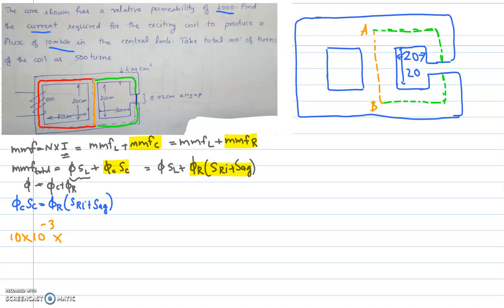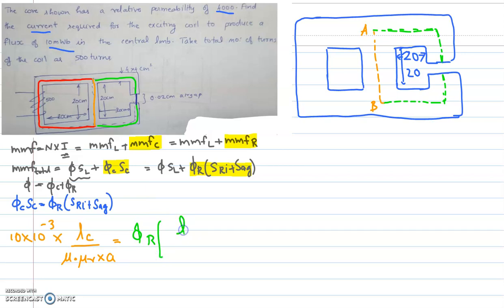It is nothing but LC divided by mu 0 mu r into A, which is equal to phi R, which is not given to you, you are trying to calculate. So it is phi R into S of the right hand iron path.